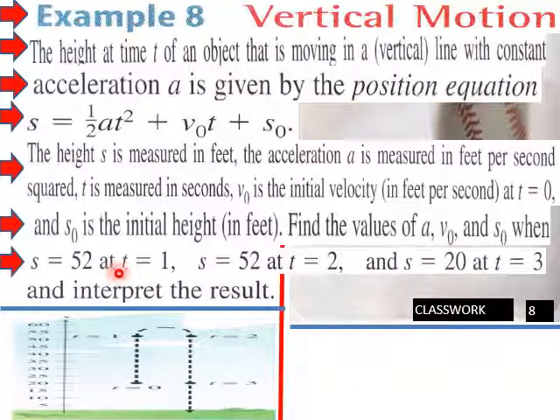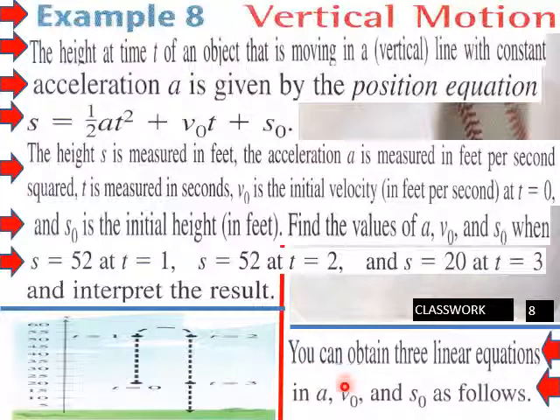s equals 52 at t equals 1. We know that's t equals 1, s equals 52 up here. And then s equals 52 at t equals 2. This is kind of like our max up here, but again, at t equals 2, s equals 52. And then when s equals 20, t equals 3 down here.